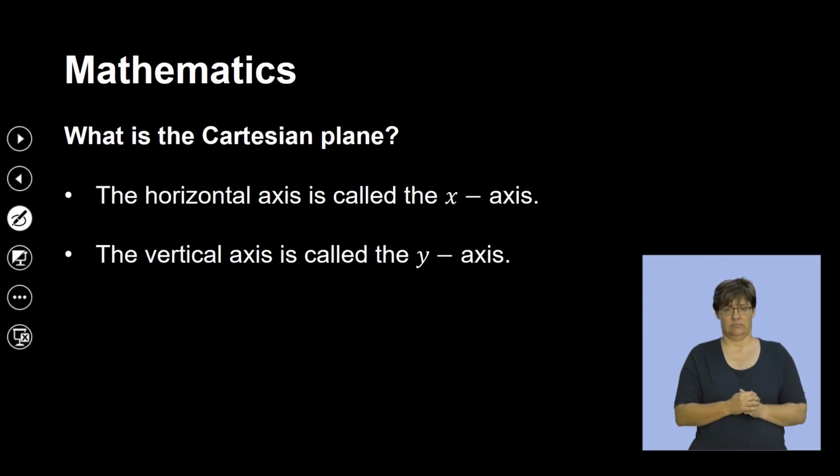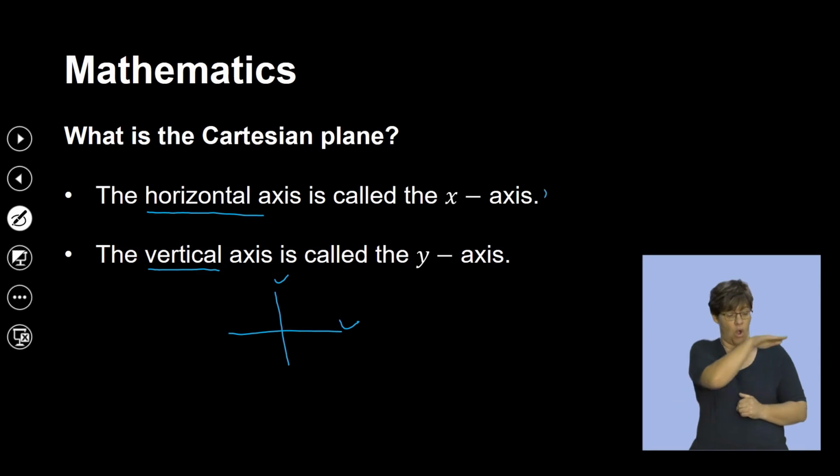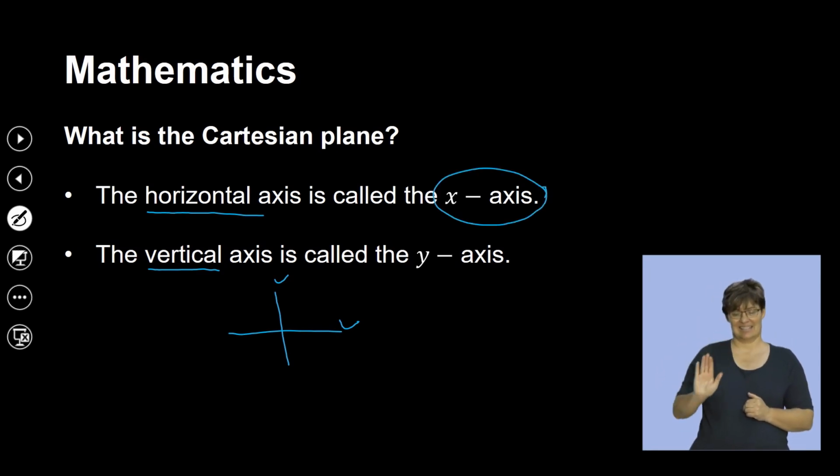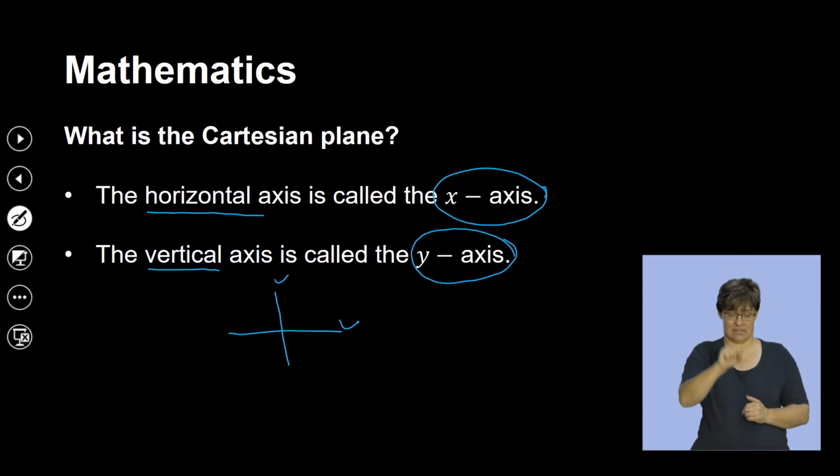Now, I spoke about the axes as well. We have what we call the horizontal ones and the vertical ones, because really it's something like this. So this is vertical and that is horizontal. The horizontal ones, we call them the x-axis, and the vertical ones, we then call them the y-axis.